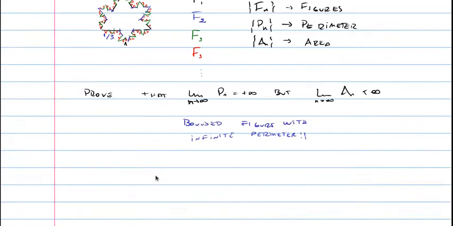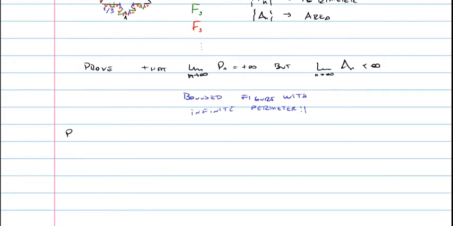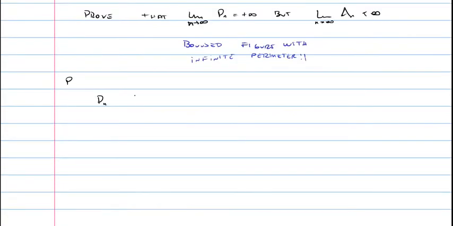Let's start by calculating the perimeter. So P sub n is the perimeter of F sub n. P sub 1 is going to be 3, because we had a triangle of sides 1.